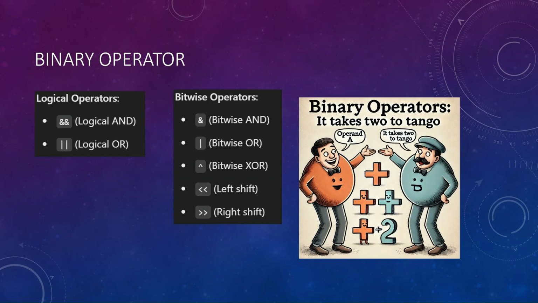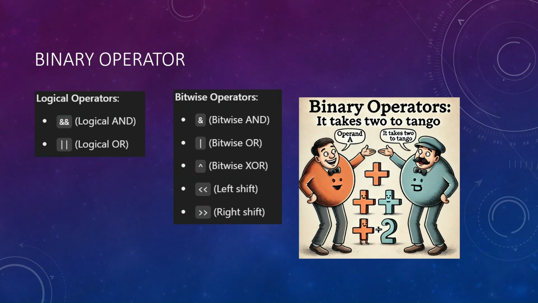For the bitwise AND, each bit is compared and the result is 1 if both corresponding bits are 1. For the OR operator, the result is 1 if either of the corresponding bits is 1. And for XOR, the result is 1 if the corresponding bits are different.